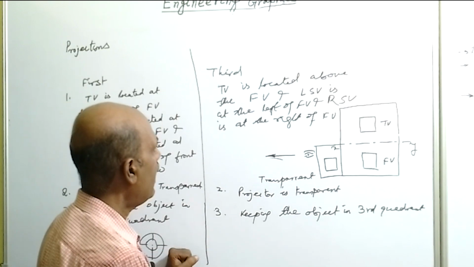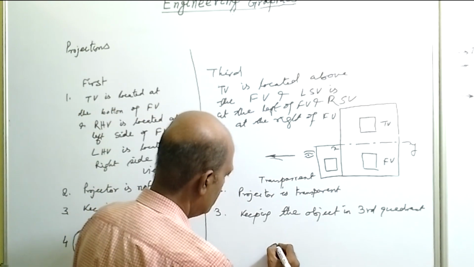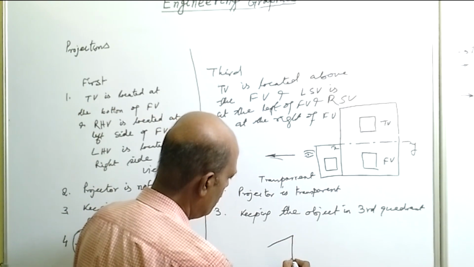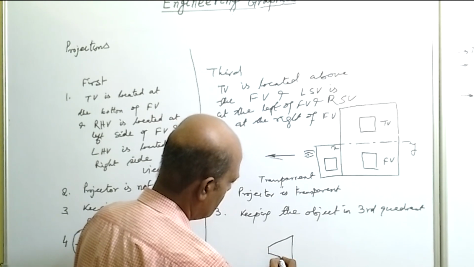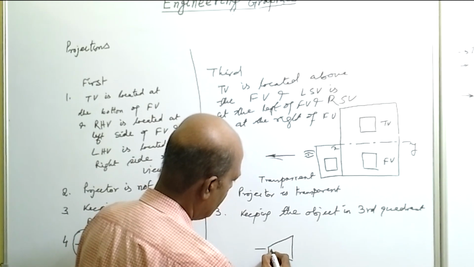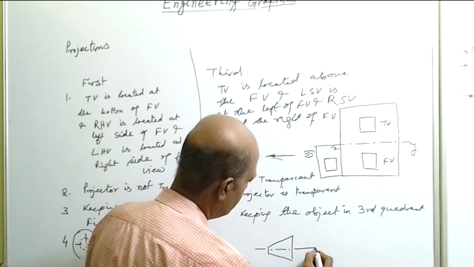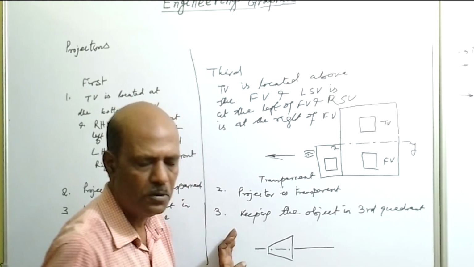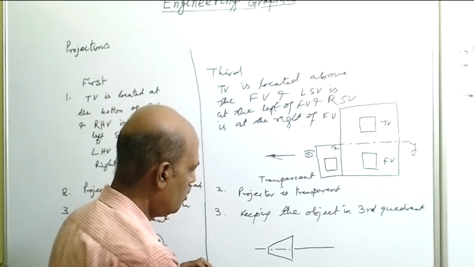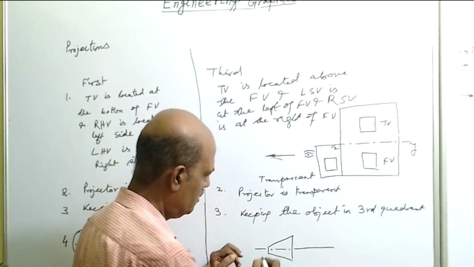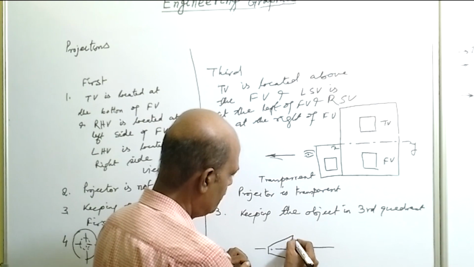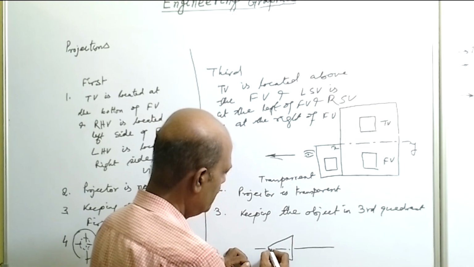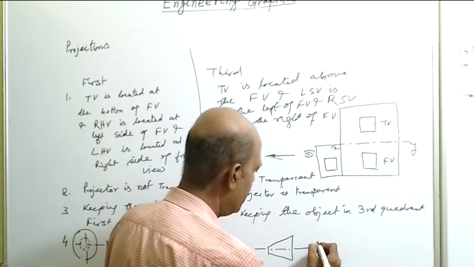Now in third angle projection, say this is the truncated cone and this is the center line. Here the right hand side view will be placed at the right of the front view. So this is the front view. On the right hand side, the bigger circle will be visible but the smaller circle will be hidden.